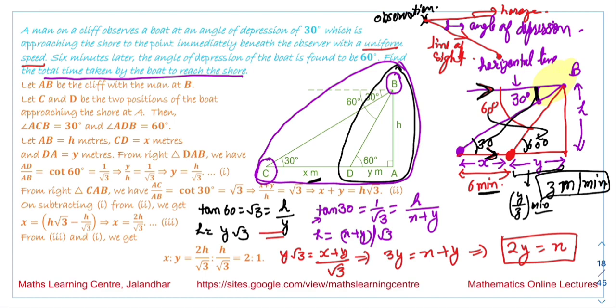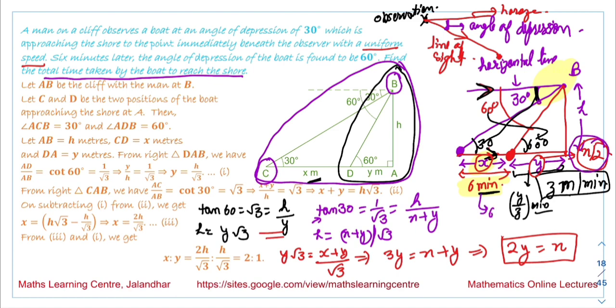Now what this means is, if this distance is x, then this distance y will be x by 2. If it is taking 6 minutes to cover this distance x, then how much time will it take to cover this distance x by 2?